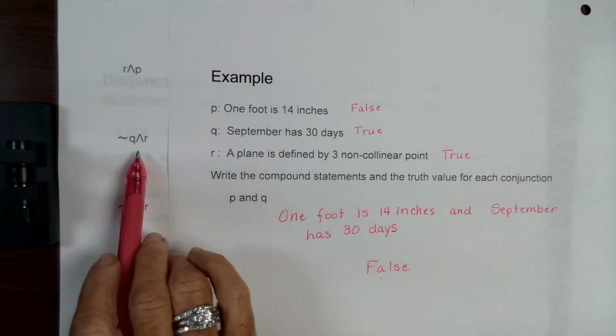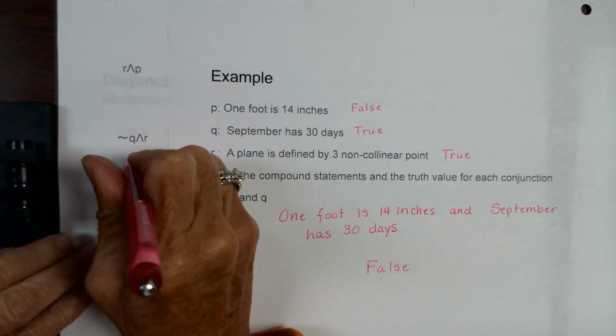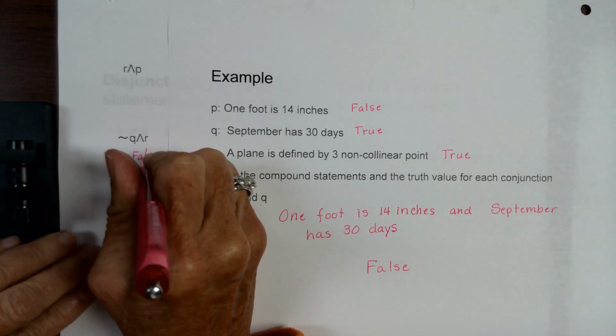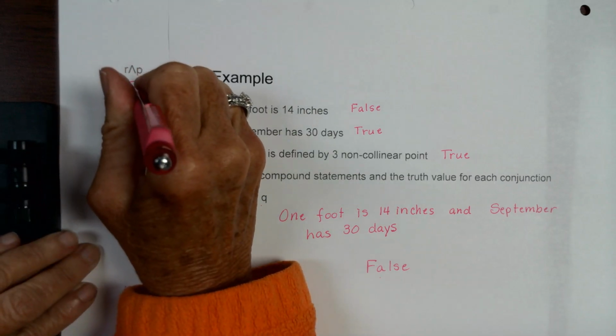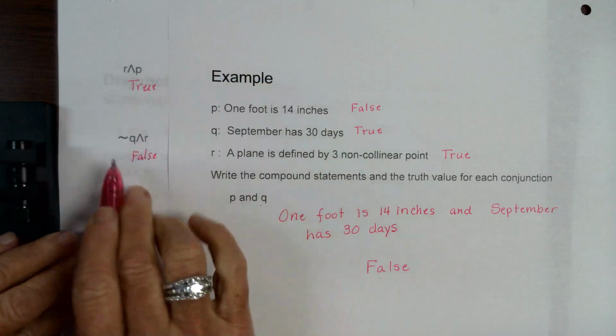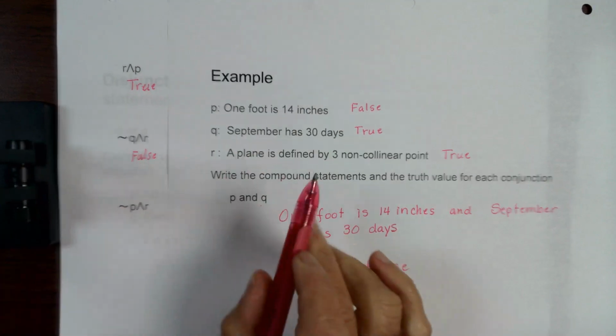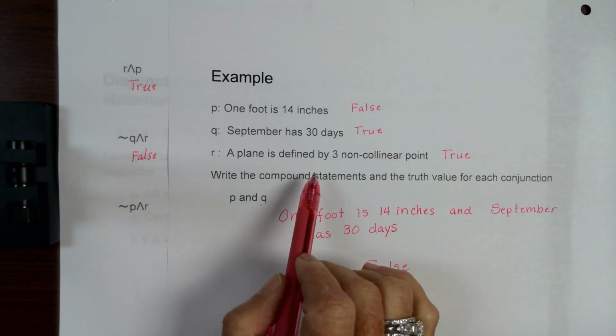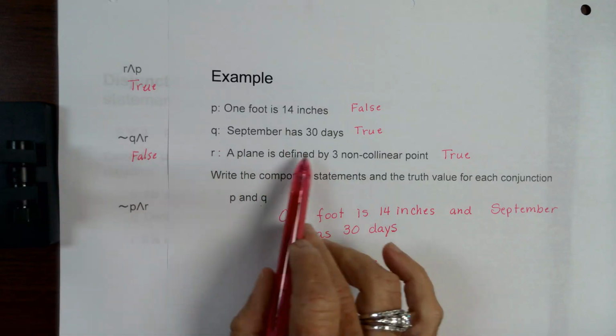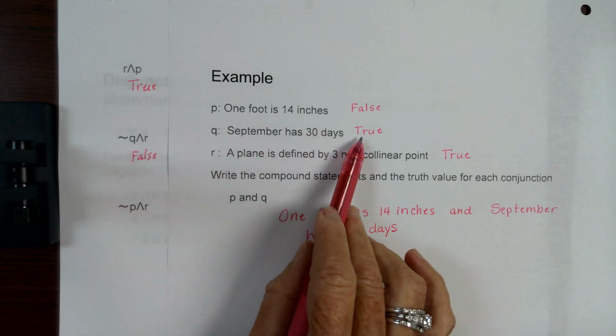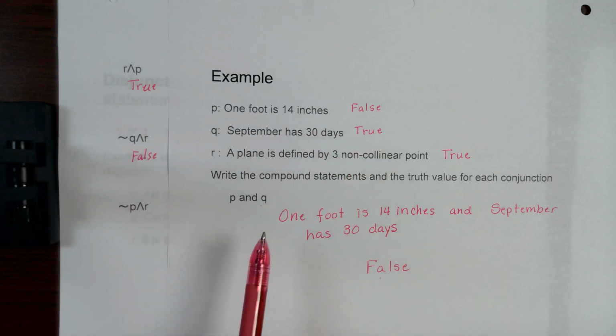This one is true, so this statement is false. Remember, you're taking the negation, which typically has the word not or no in it, and it has the opposite truth value as the original most of the time, not always.